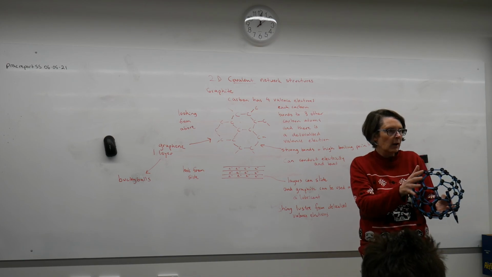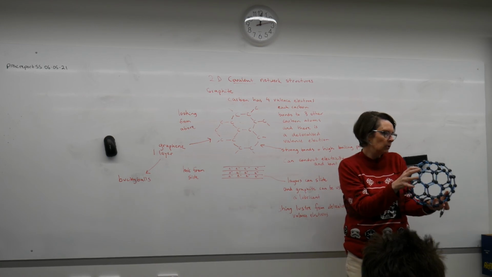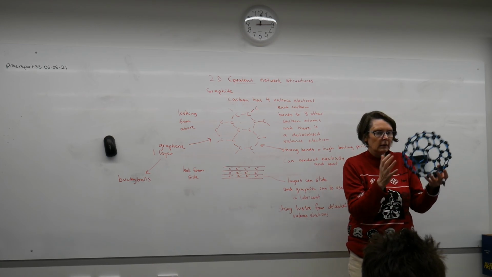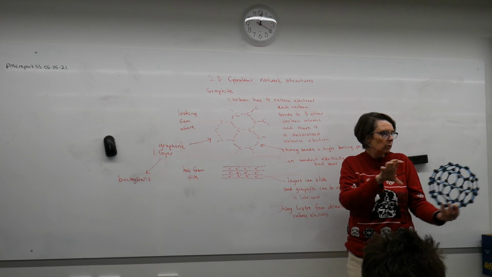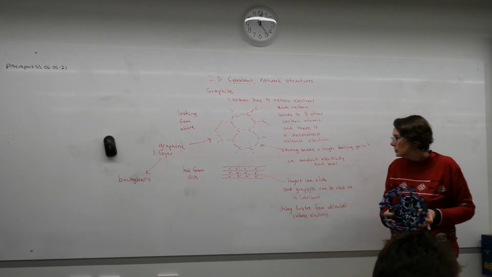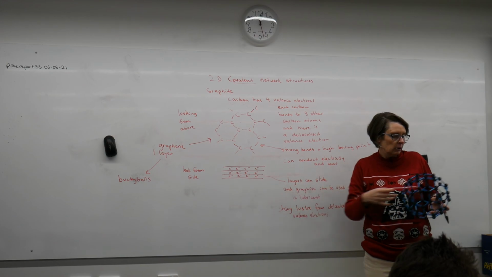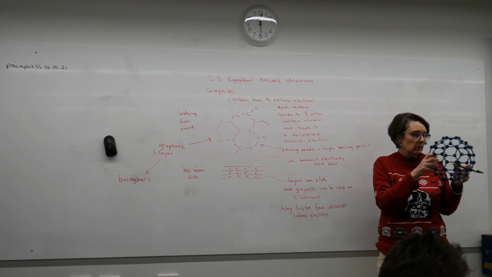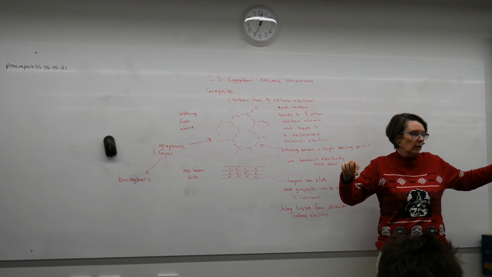This is made from one layer of graphite, the graphene, rolled into a ball. These are very special. You can also make them into tubes, and they're semiconductors because you can lock the electrons on one side. So the electrons could all be on the outside, or they could all be on the inside of the ball, or they can be transmitted along a narrow tube.